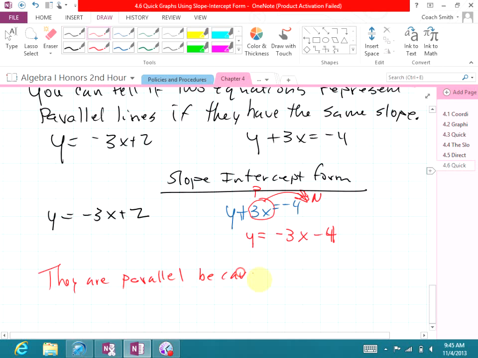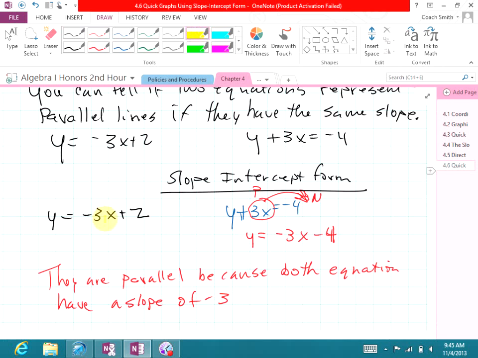Because both equations have a slope of negative 3. Once we put them in slope-intercept form, because both of those are negative 3, it doesn't matter what the y-intercept is.